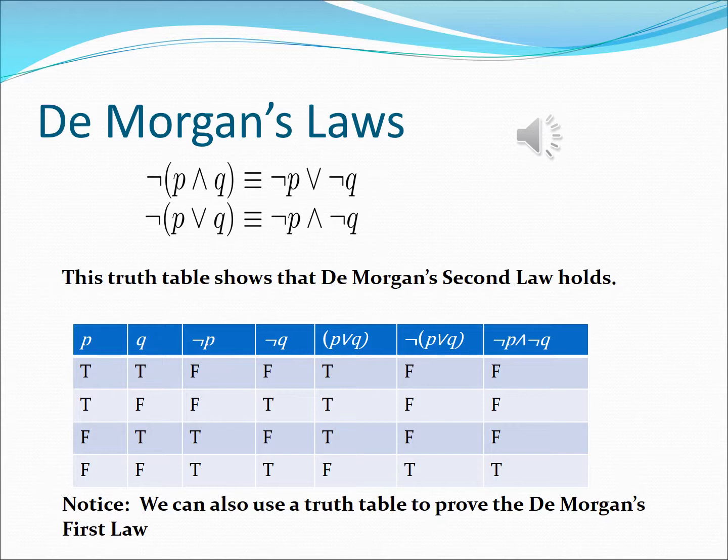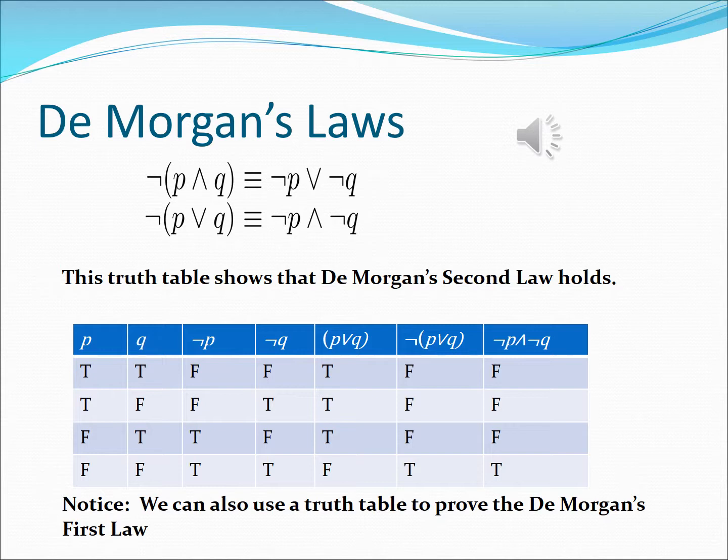De Morgan's laws. The first law of De Morgan states the following: when we apply negation to a conjunction, negative open parentheses P and Q close parentheses is equivalent to a disjunction of negative P or negative Q. The same thing in the second law: when we apply a negation to a disjunction, we find a conjunction.